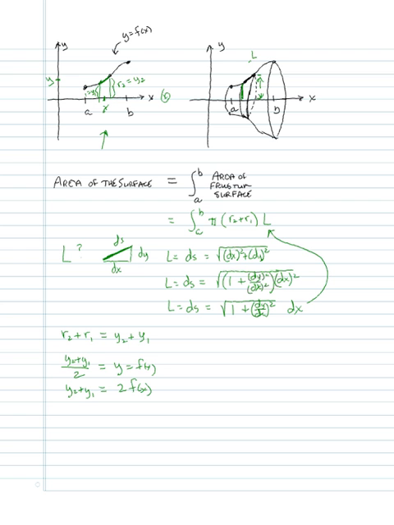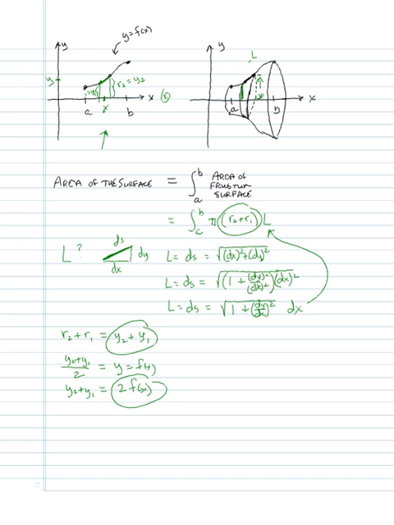Okay, well, here's where that puts us above. Now we have a replacement. Remember, r sub 1 plus r sub 2 is really y sub 2 plus y sub 1. And y sub 2 plus y sub 1 we just decided is 2 times f of x.